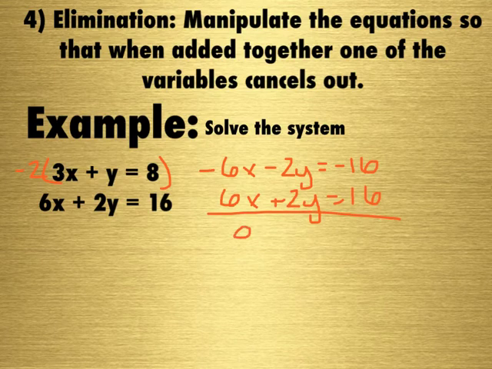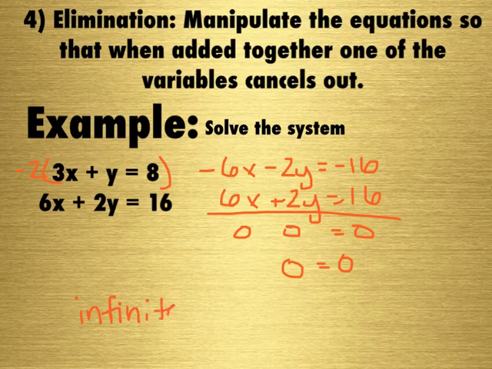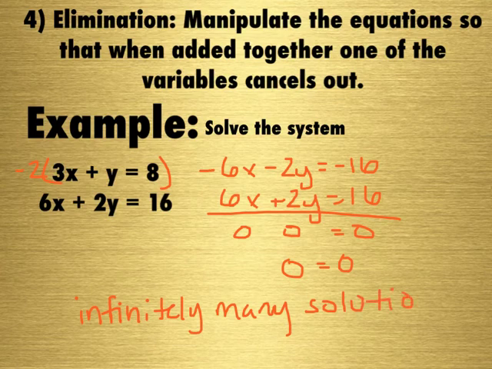And this one actually ends up canceling out, and we get 0 equals 0, which means infinitely many solutions. Now typically we would end up canceling out a variable, solving for y, then plugging that y back in, very similarly to the substitution method.